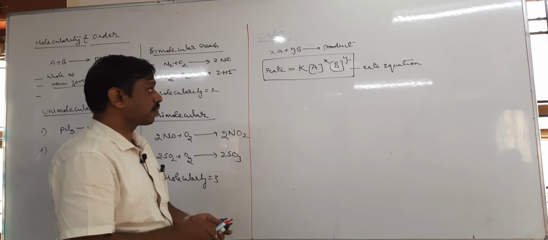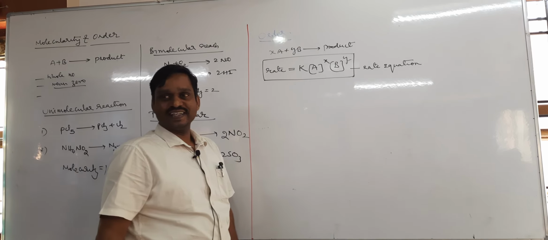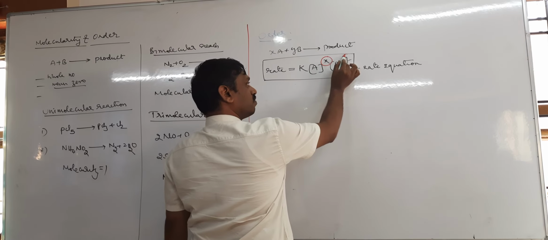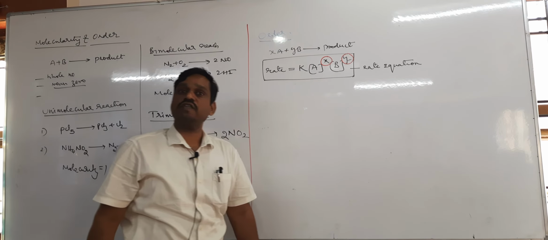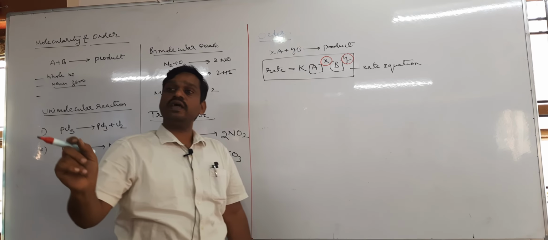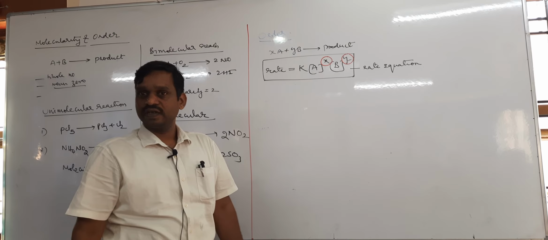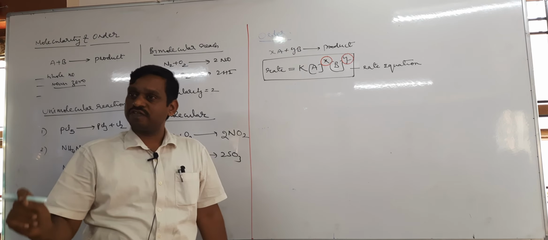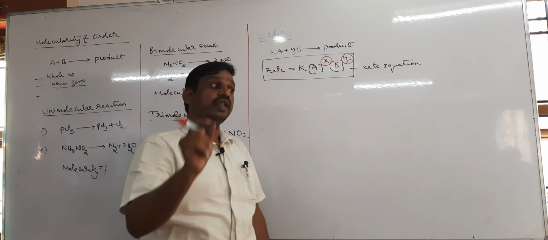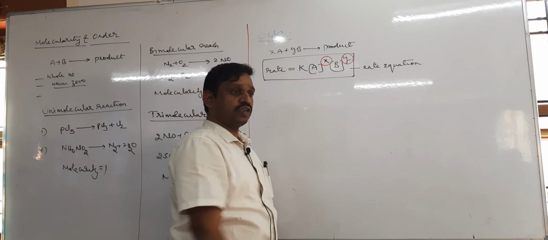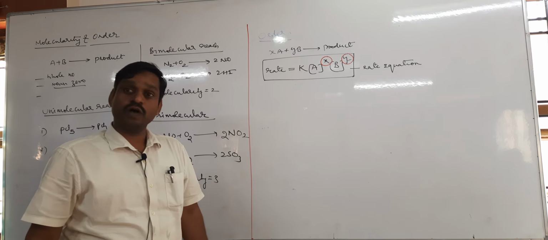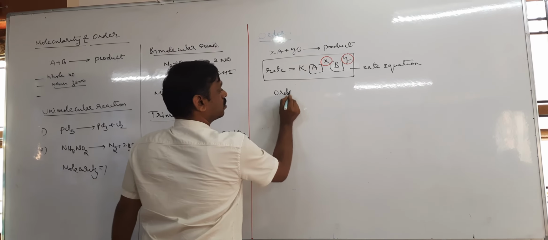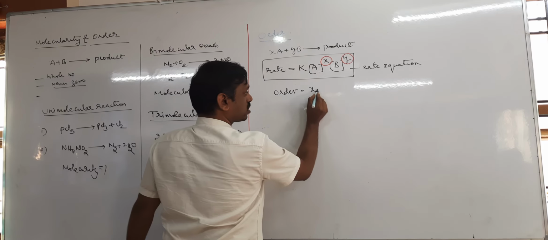It is the sum of the powers of the molar concentrations of the reactants in the experimentally determined rate equation. Sum, S-U-M. So the order equals x plus y.